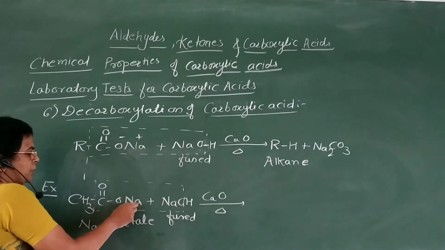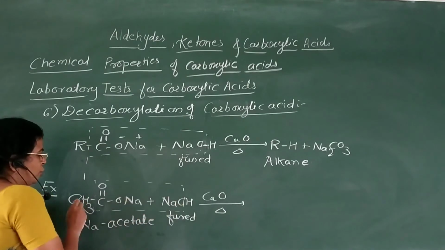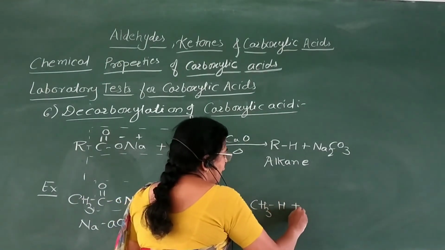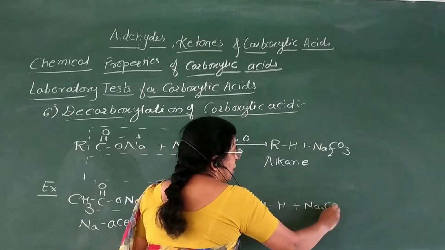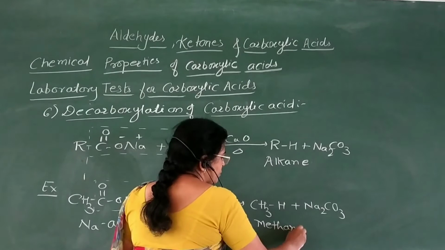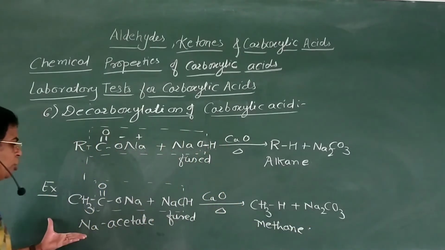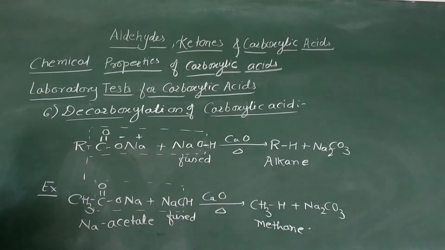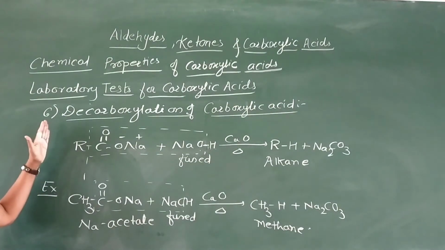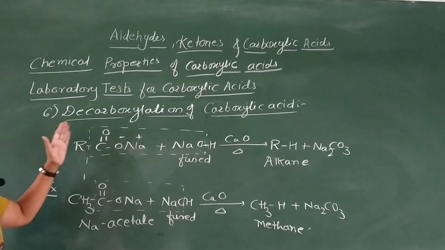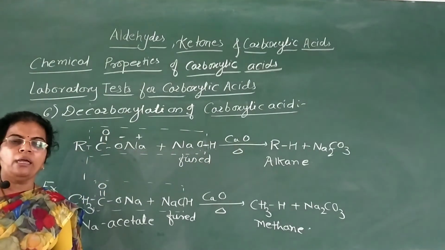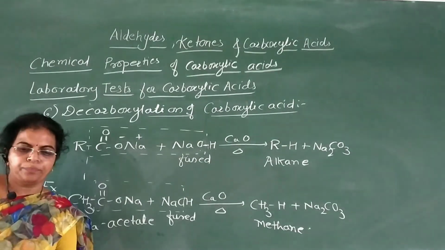Removal of this Na2CO3 takes place to form methane, that is CH4 plus Na2CO3. This is methane. Formation of methane takes place. In this way, we can convert this carboxylic acid into alkanes. This reaction we have seen last year in the preparation of alkanes.